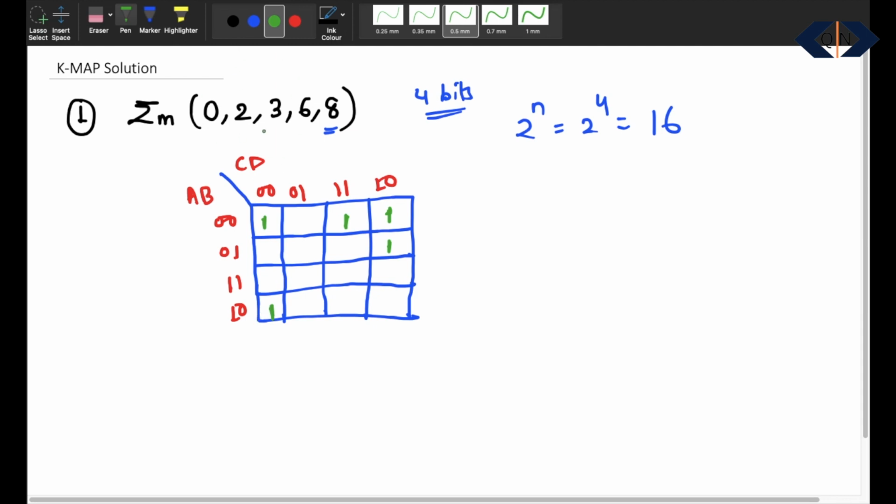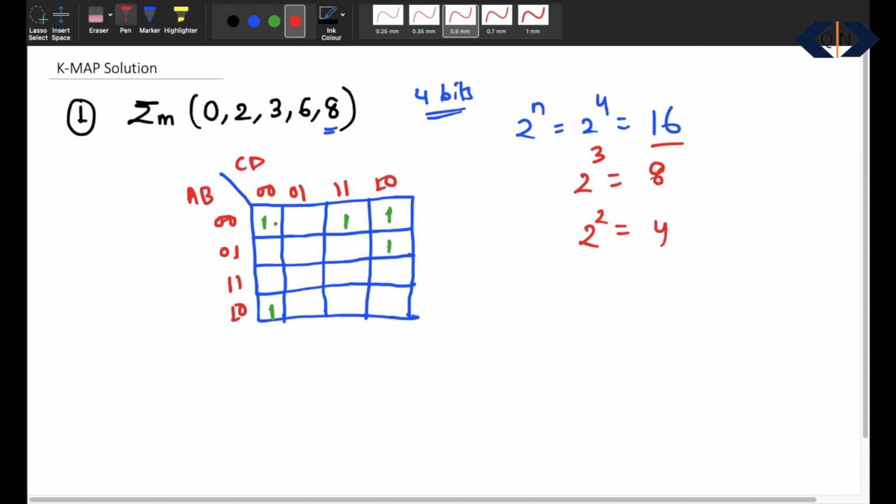So now let's start grouping. How can we group it? First we look for a group of 16. Can we group it in a group of 16? No. Then we look for 2 to the power 3, which is 8. Can we group it in the form of 8? Can't. So we check for 2 to the power 2, which is 4.